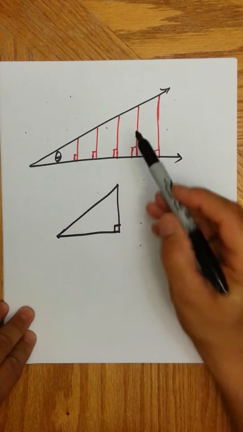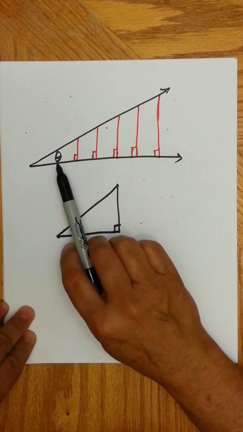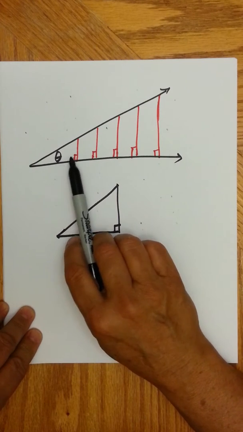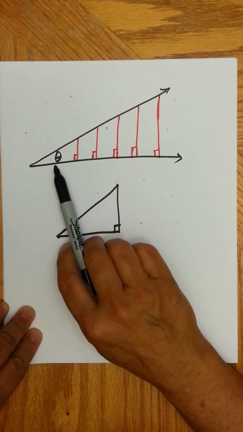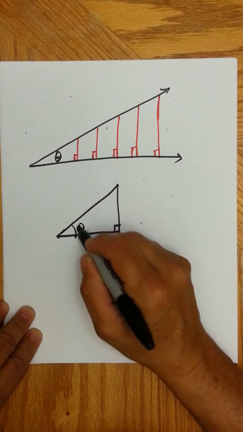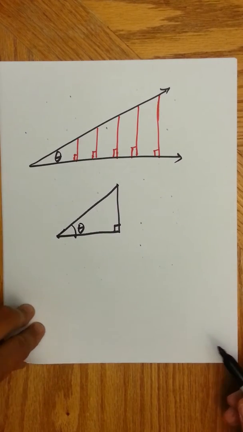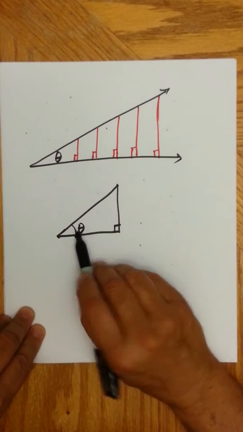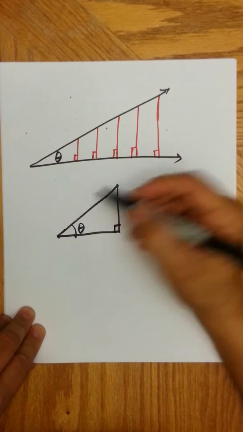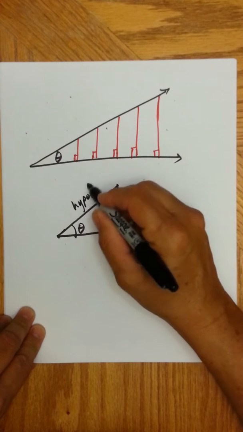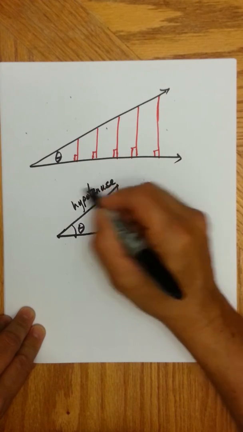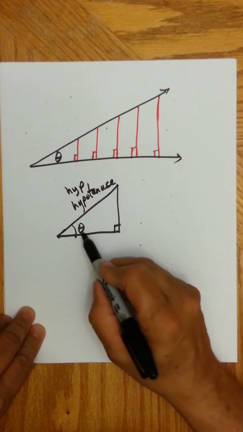right? And really, when we talk about similar triangles, we're talking about similar angles. So the angle is what's really the driving force here. So relative to this angle, what can we do? We can standardize the names of the sides a little bit more and say, okay, across from the right angle is always the hypotenuse, which we can abbreviate HYP.